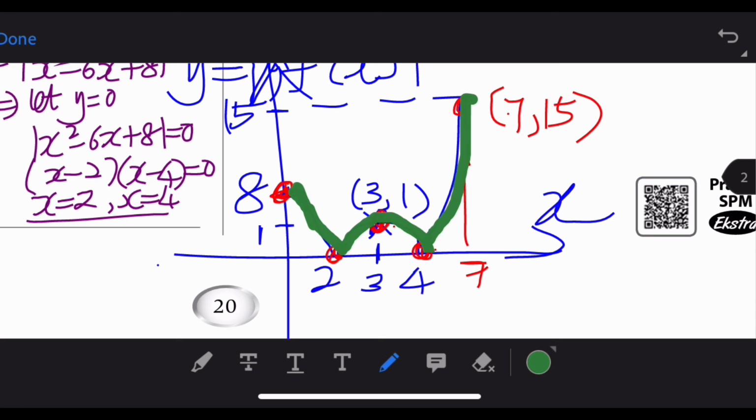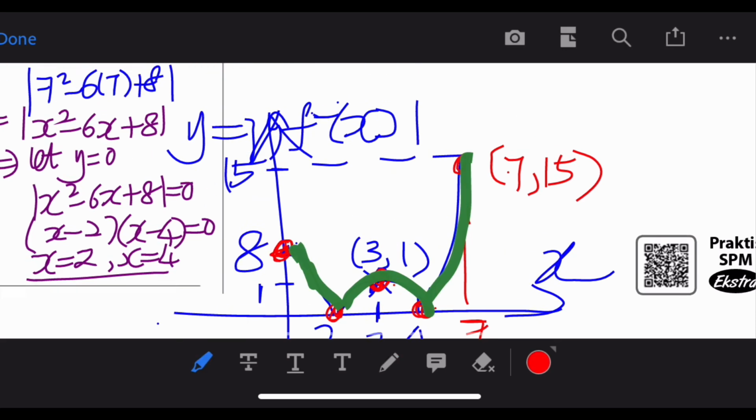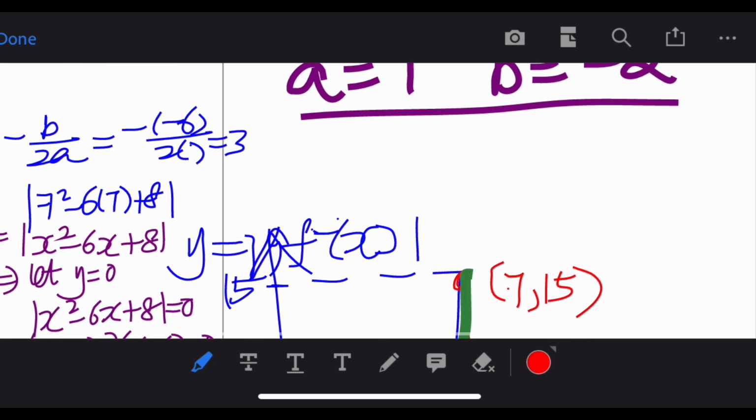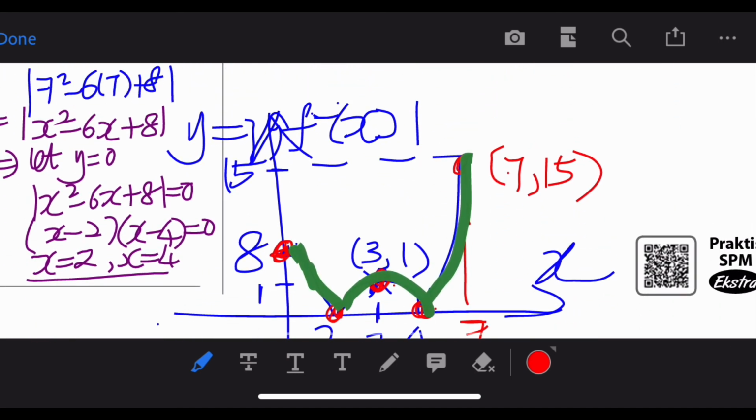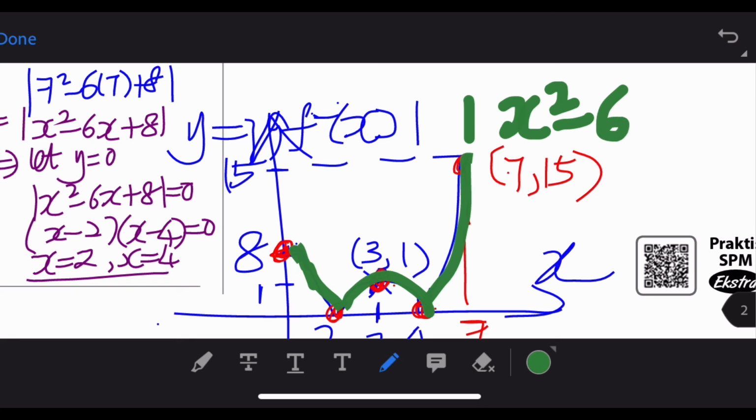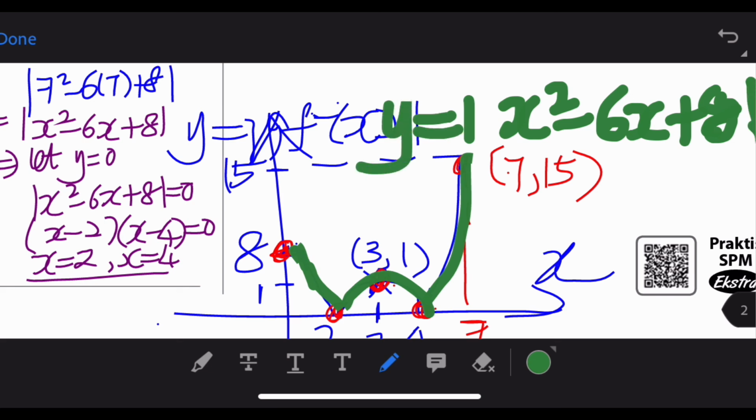Alright, so this is the modulus. The function is modulus. Let me write down the function: y equals the modulus of x squared minus 6x plus 8.